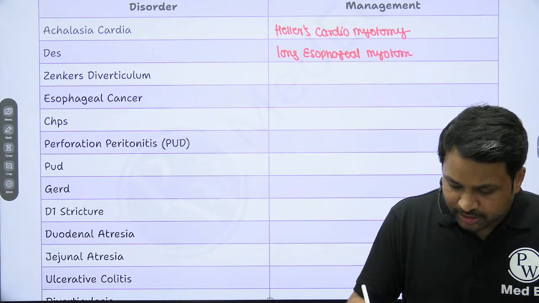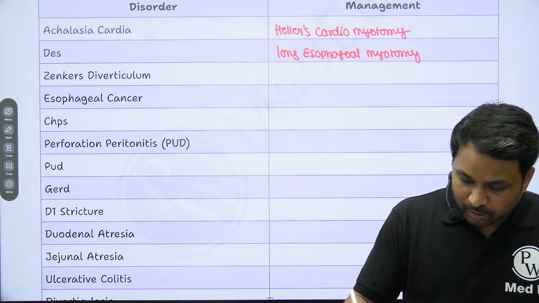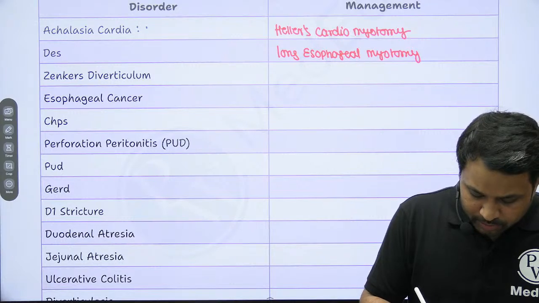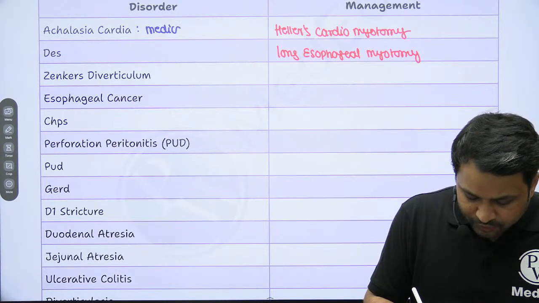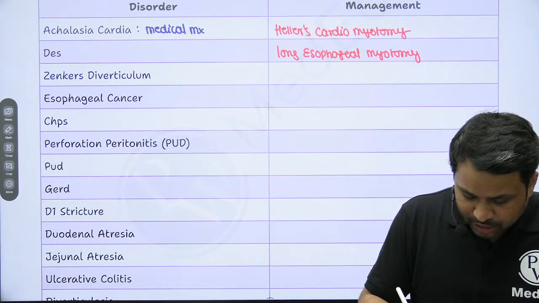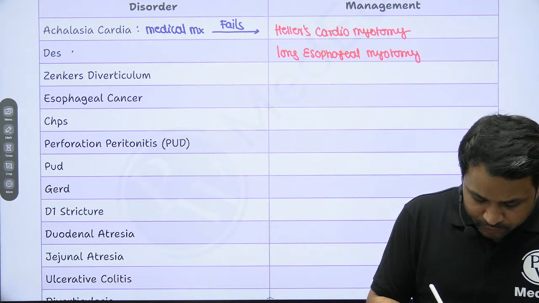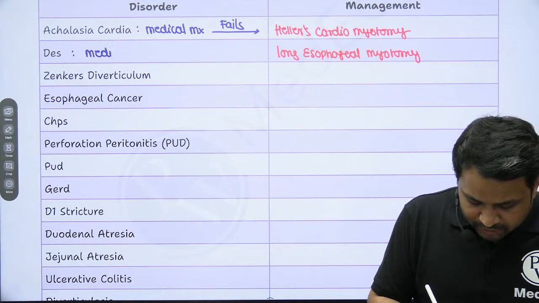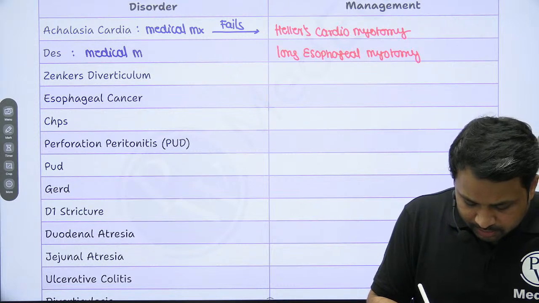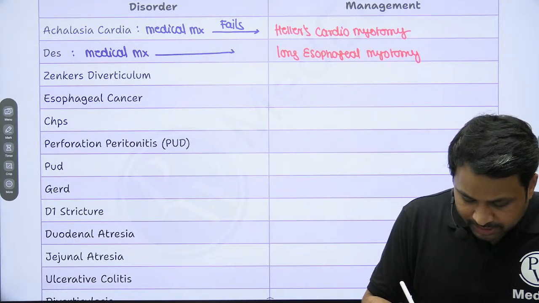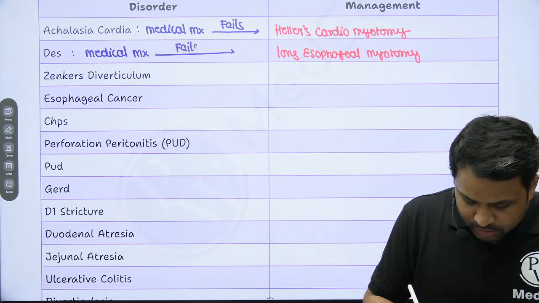Here we are only talking about surgical management, because the first line is going to be medical management. The first line for achalasia cardia is medical management. When it fails, then I'll go with surgery. The same is true for diffuse esophageal spasm. The first line is medical management, but when it fails, you will resort to surgical management.